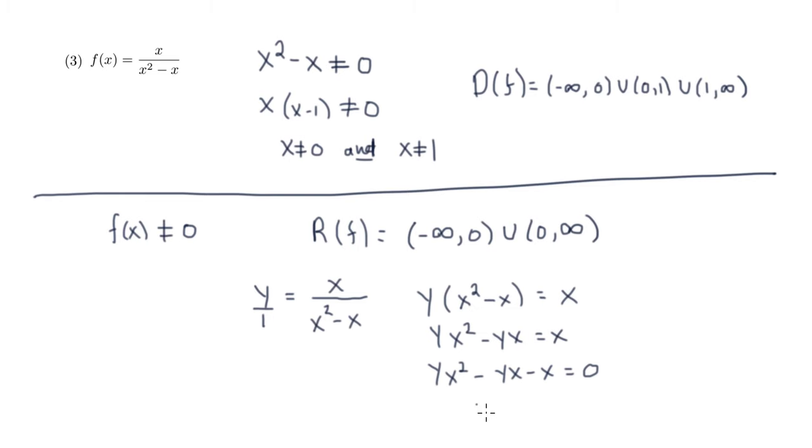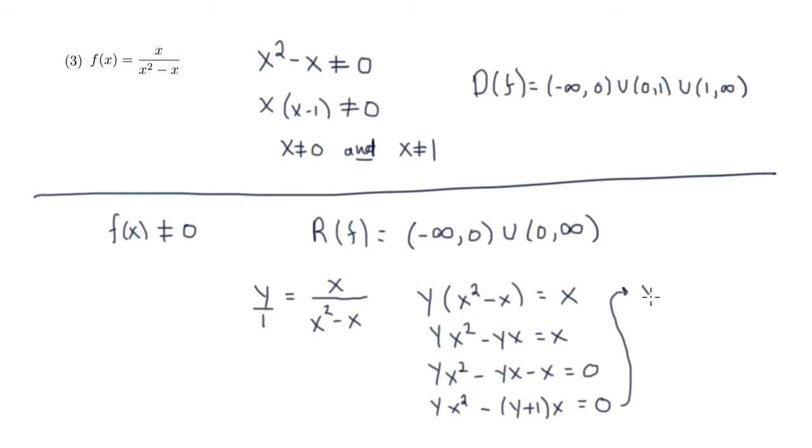This is going to just be yx squared, and then here we'll have y plus 1 times x is equal to 0. This is definitely some algebra, and I wrote this before, but I'll say it now: the hardest part here is algebra. I want to factor the x out.